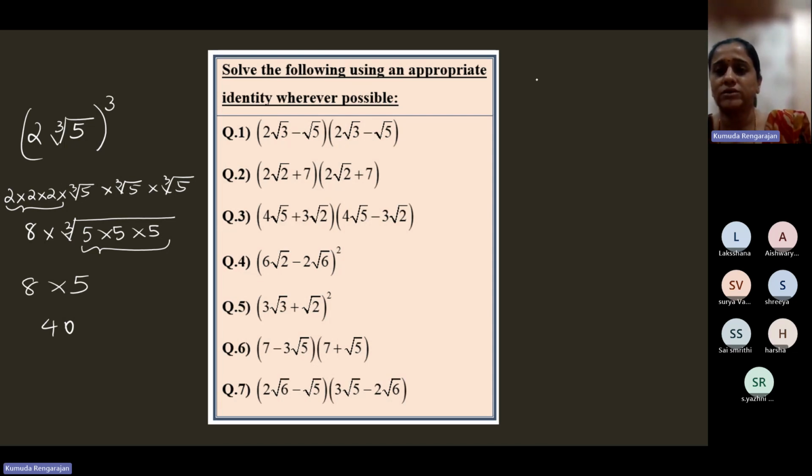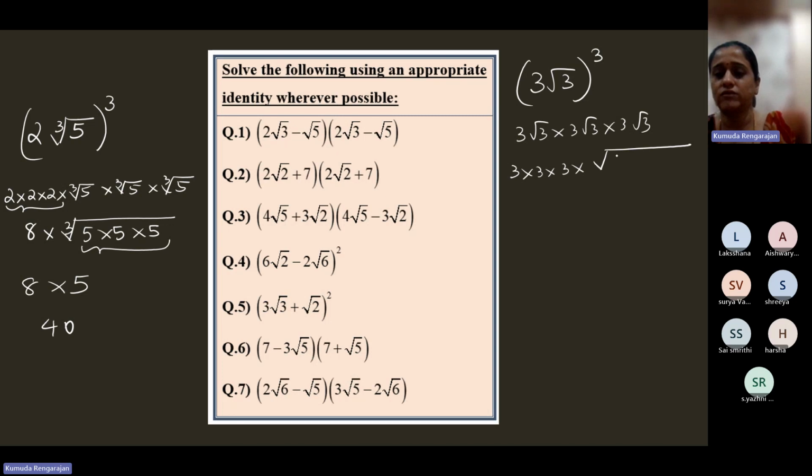What was the one we took up earlier? 3 root 3 the whole cubed. So this is 3 root 3 into 3 root 3 into 3 root 3, which is 3 into 3 into 3 into cube root of 3 into 3 into 3 is 27 into. It is cube root of 3 into 3 into 3, right? So you've written square root.